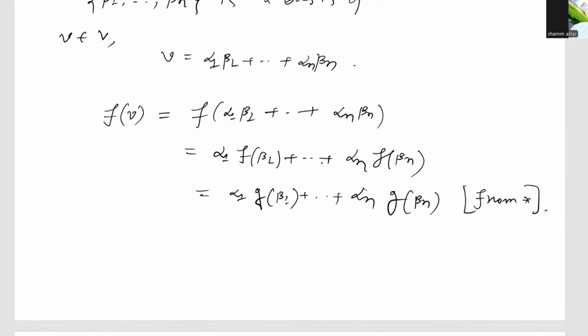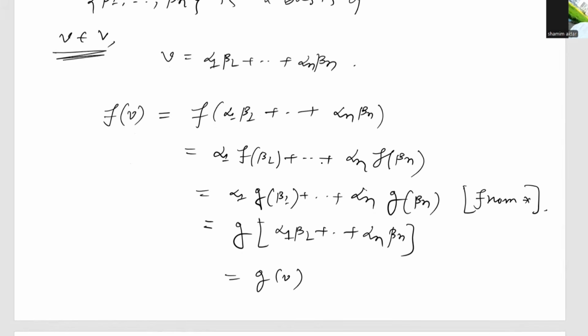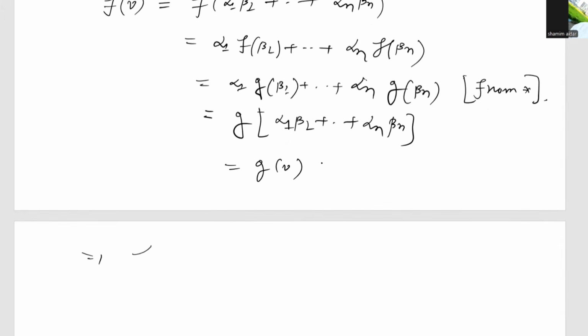Now using linear property of g, we have g of alpha 1 beta 1 plus dot dot alpha n beta n, that is equal to g of v, and v is any vector of V. So this implies f of v equal to g of v for all v belongs to V, and also f of 0 equal to g of 0 is already given.